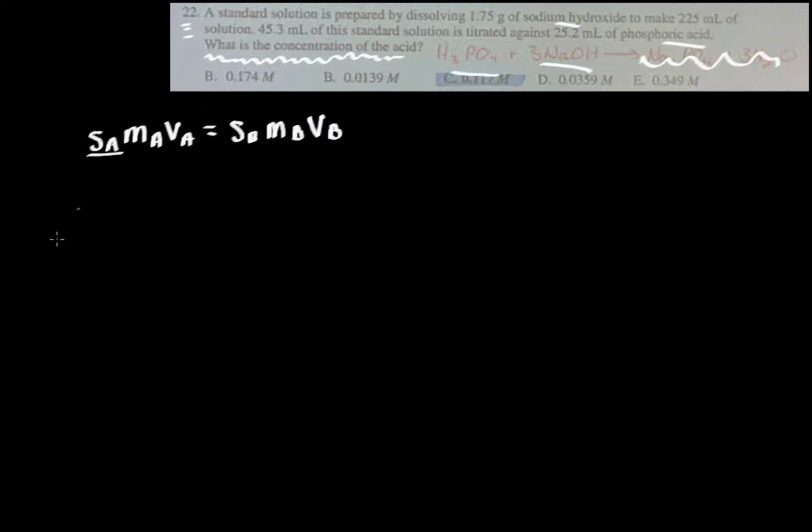So, the subscript of the acid, let me change colors. That's just this number, the subscript to the H in the acid. In this case it's 3 times the concentration of acid, which is what we're trying to find, so we'll leave that there. Times the volume of acid, which they give us straightforwardly, 25.2 milliliters.